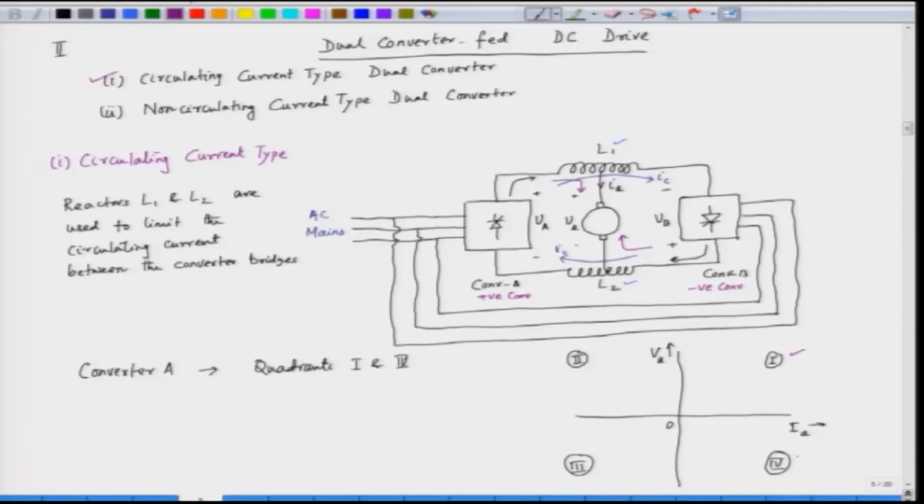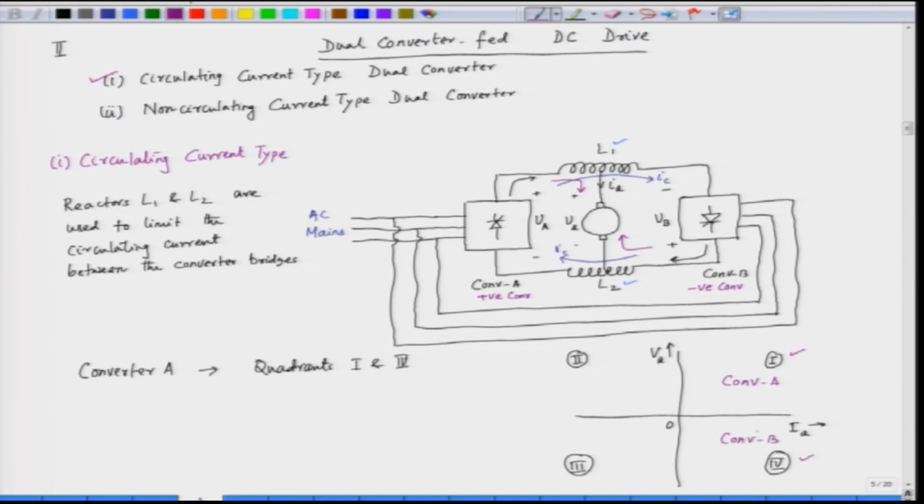So, converter A will operate in the VI plane in quadrant 1 and quadrant 4, current remaining positive, and the voltage can be made negative. So, this is for converter A.